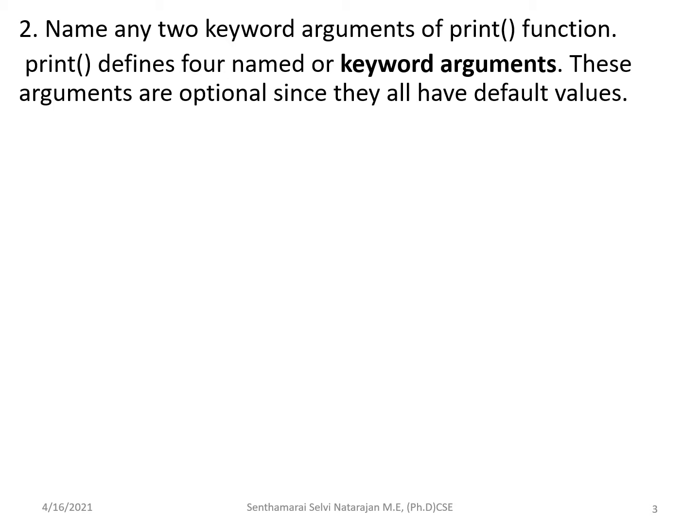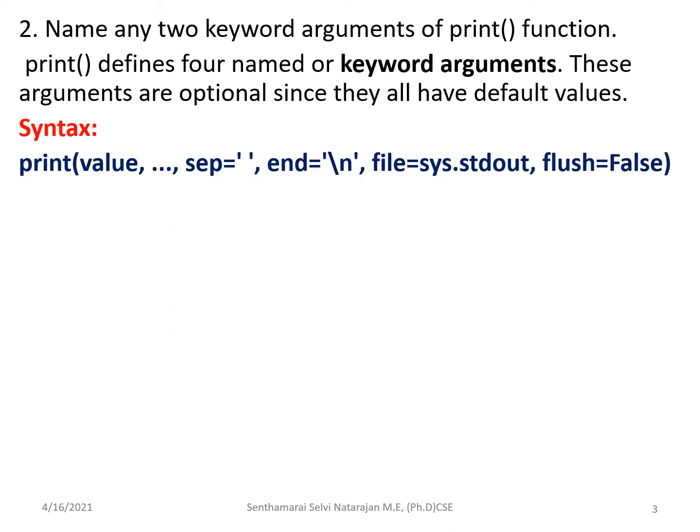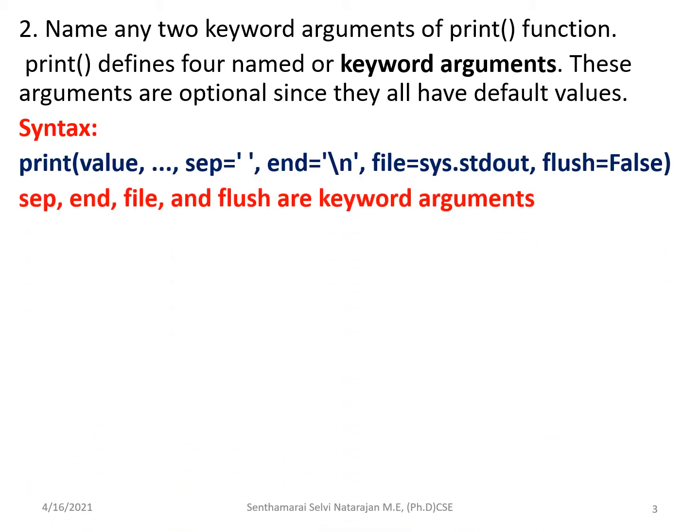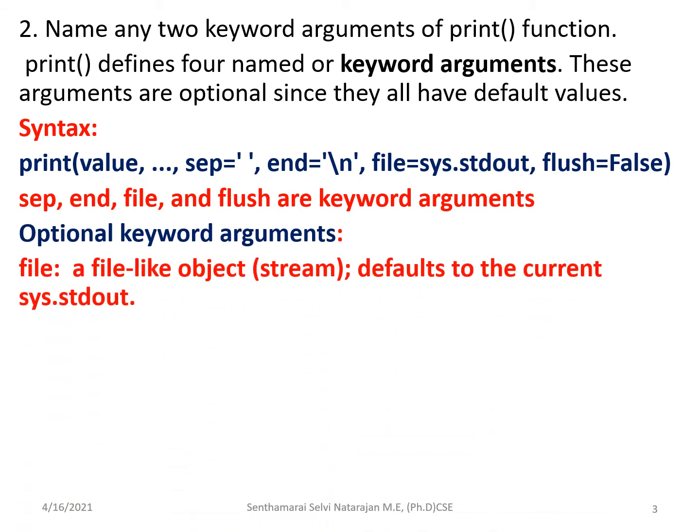Those values are called keyword arguments, and the print function has default values for them. This is the syntax, and these are the keyword arguments: separator, end, file, and flush. So these are the optional keyword arguments.